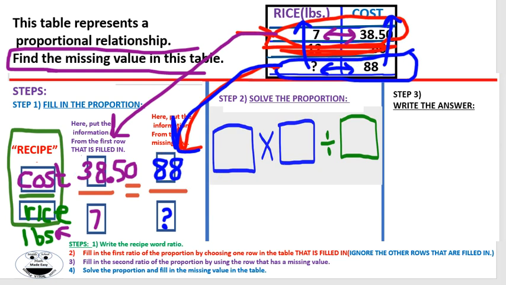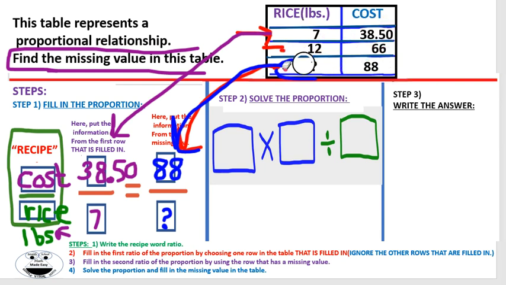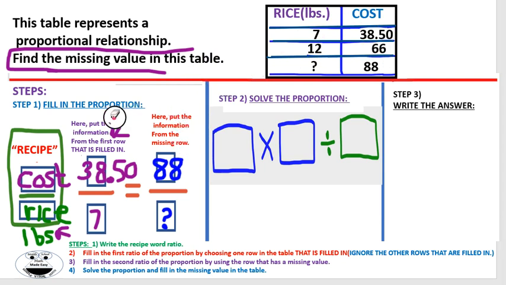Now that I have my proportion set up, I went over how to solve a proportion in the previous video. If you want to look back at that, I will go over it briefly here. I'm going to put two numbers in these boxes to multiply, and the way I determine that is I see which numbers are across from each other.